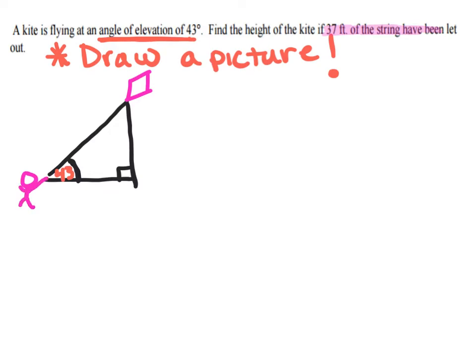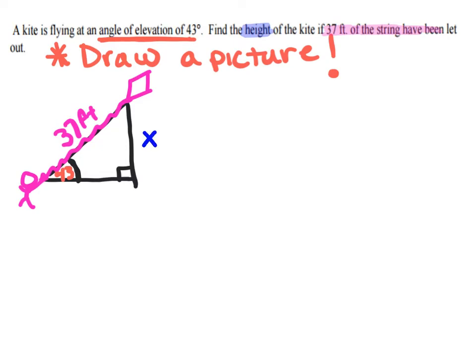And this is the string of the kite. So it makes this side length 37 feet. The question is asking us for the height of the kite, which means that it's asking for this side length over here.